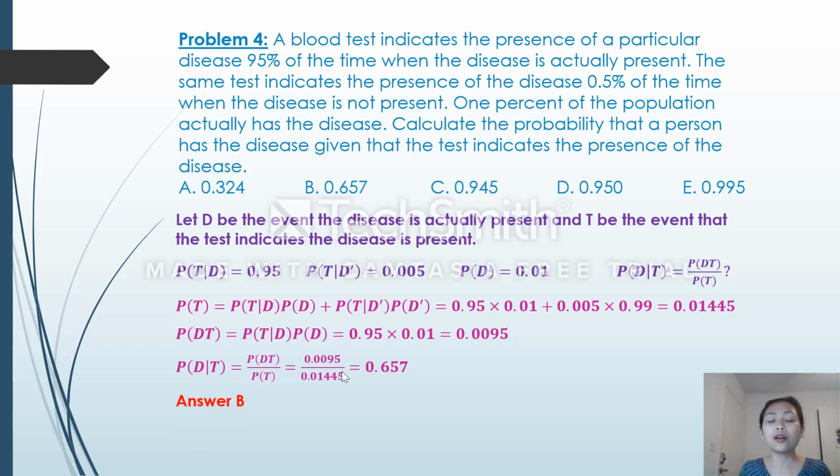So you see that whenever you are given two conditional events that look very similar, like the probability of T given D and the probability of T given D prime, we think about one connection, which is Bayes' rule. The probability of T is the probability of T given D times the probability of D, plus the probability of T given D prime times the probability of D prime.